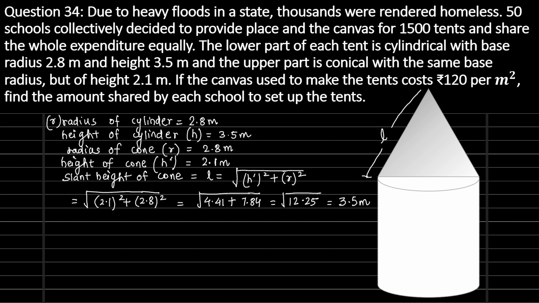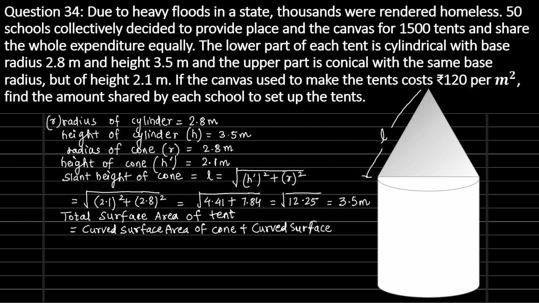Now we know all the dimensions. We know height, radius and slant height of the cone as well as radius and height of the cylinder. Let's find out total surface area of tent, which is equal to curved surface area of cone plus curved surface area of cylinder.